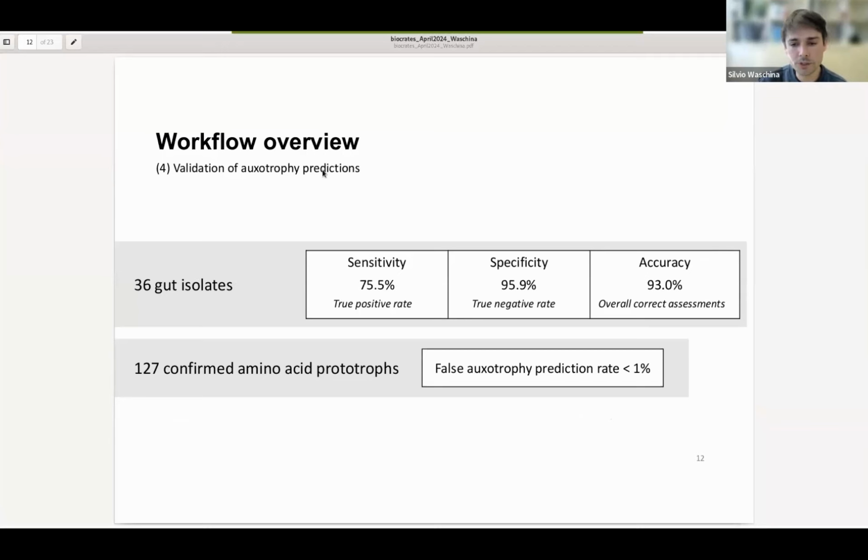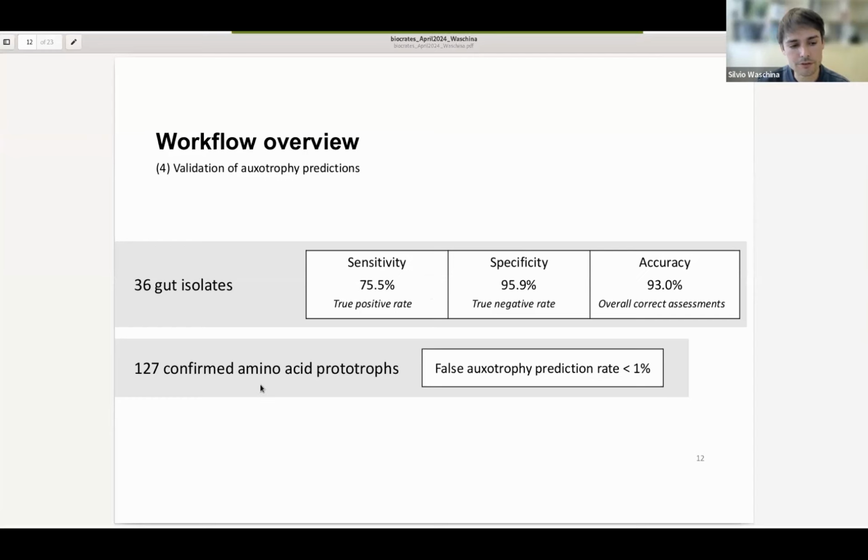And we were happy with the results because we got an overall accuracy of 93%, a specificity of over 95%, and the sensitivity, so the true positive auxotrophy predictions, of more than 75%. This gave us some confidence that we can rely on our predictions in order to estimate also the distribution of auxotrophies in the whole human gut microbiome.